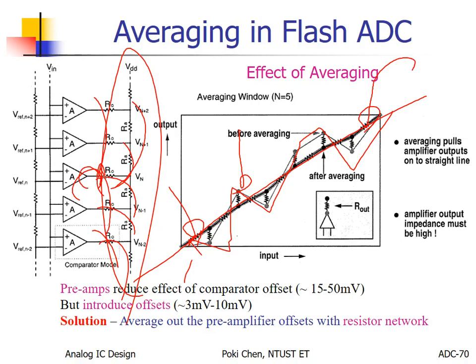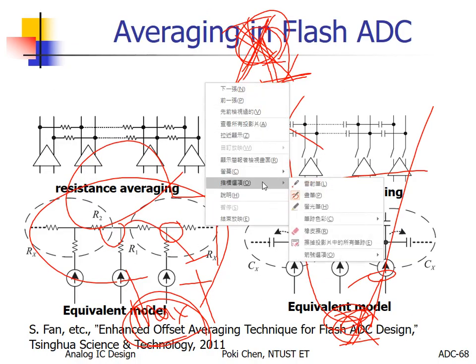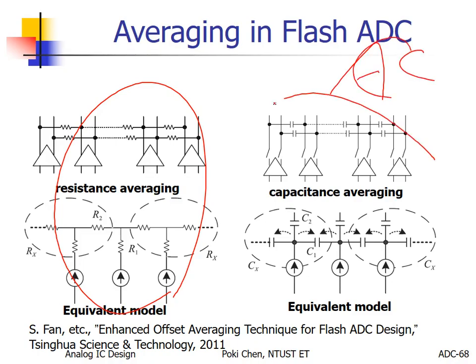So we can get a much better result, much better linearity than before, I mean, than without averaging. I do my best to explain the DC averaging.